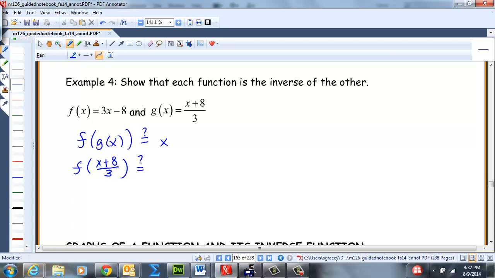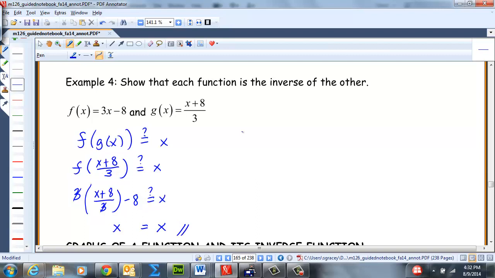And we want to know, is that equal to x? Well, f is 3 times x minus 8, so we'll replace the x with (x plus 8) over 3. Do you see the 3's divide out? x plus 8 minus 8 is indeed x, so x equals x. So that one checks out.